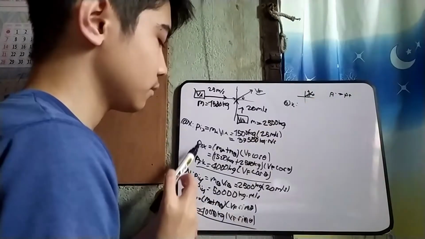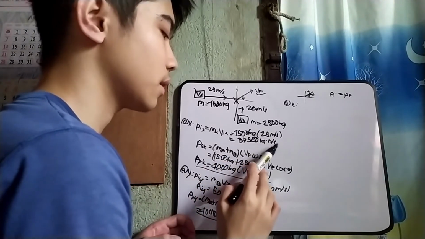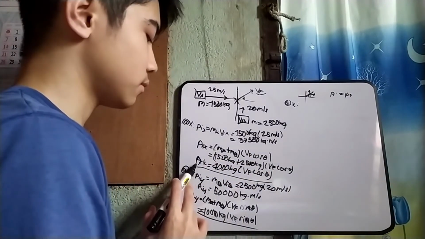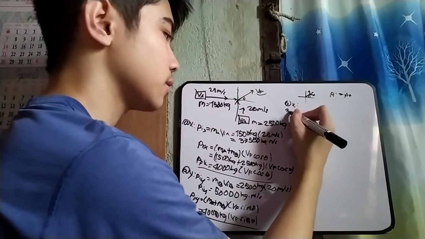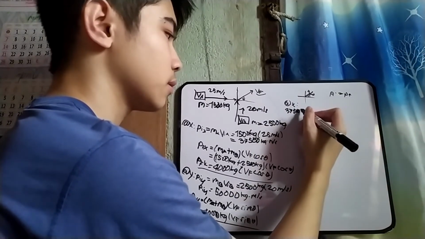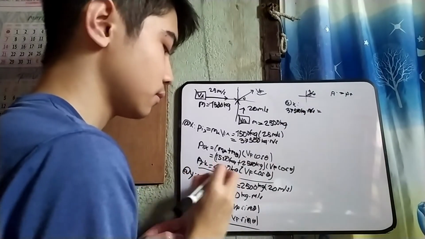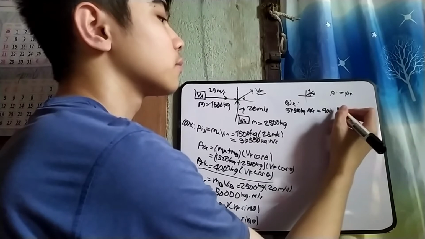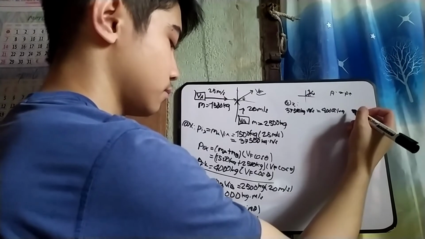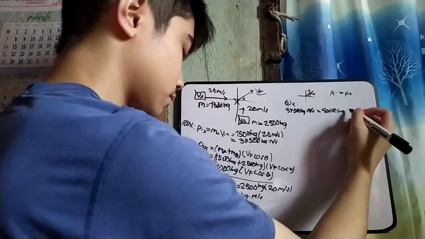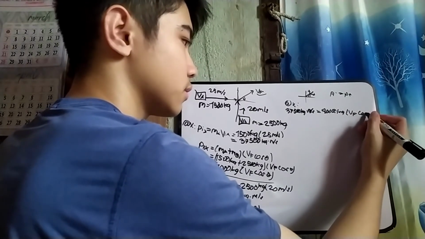So, at x, we have 37,500 kilogram times meter per second equals 4,000 kilograms multiplied by V final cos theta.